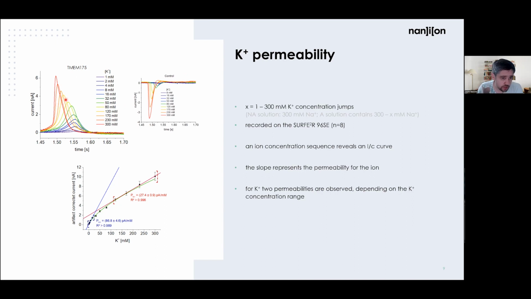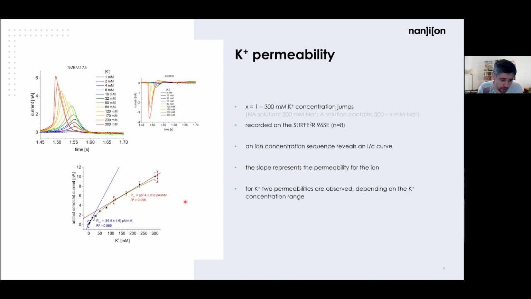When you subtract the currents you observe with the control from the TMEM currents, you get a curve that looks like this. It looks kind of hyperbolic, but in fact, if you look at the first few data points at low potassium concentrations and the last 4 data points at higher potassium concentrations, it's very nicely fittable using a linear regression.